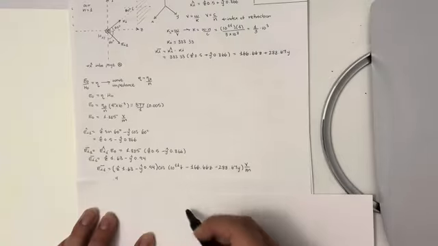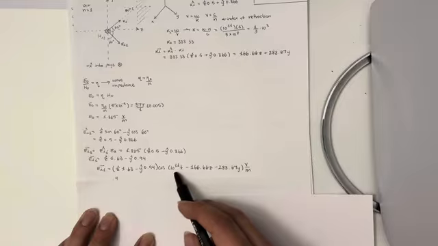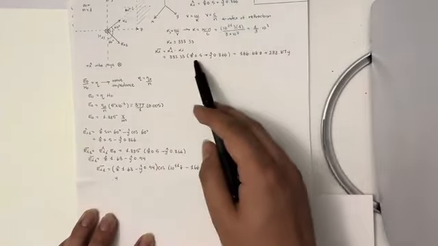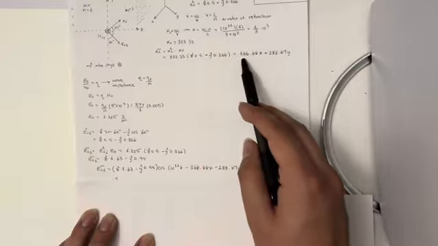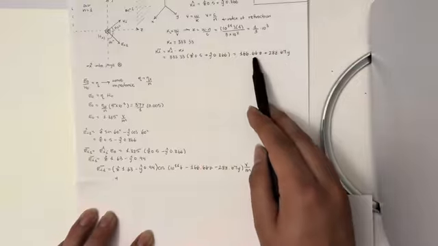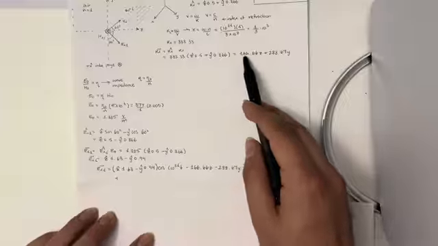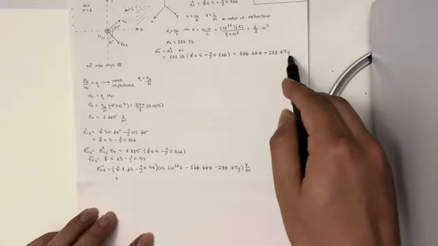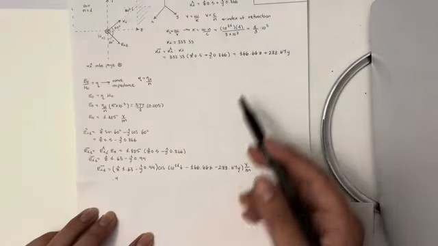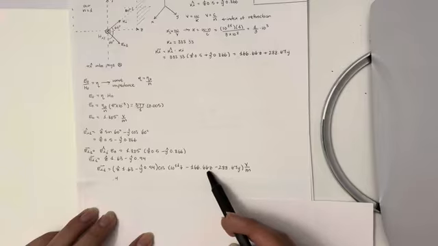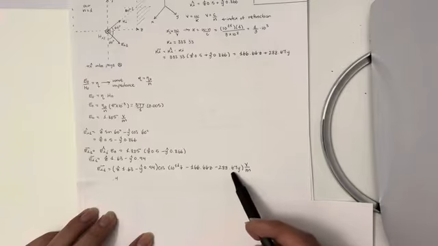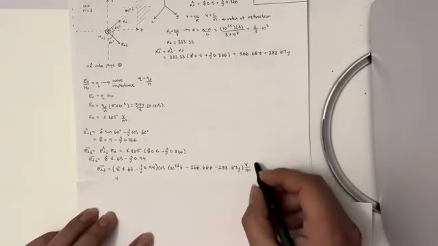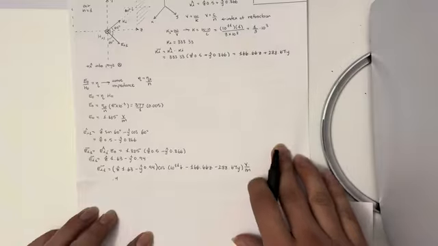So cosine of our omega, which is 10 to the power 11 t, minus our wave vector, which is 166.66 z plus 288.67 y. And so positive becomes negative, so negative 166.66 z minus 288.6 y. And so this is the entire equation, and our units as well, volts per meter.